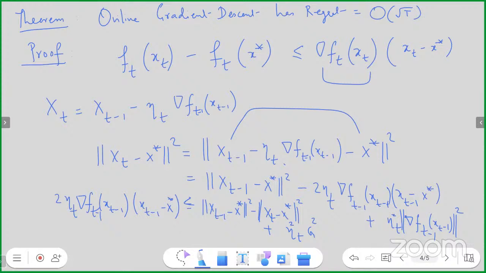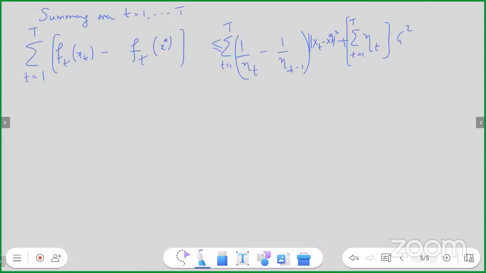No, lots of them will cancel out, right? Which ones will cancel out? The first term. Because I'm adding across all time t. See, the tth term here gets divided by 1 by eta t. So the next one will be eta t plus 1. That is why you end up getting this.